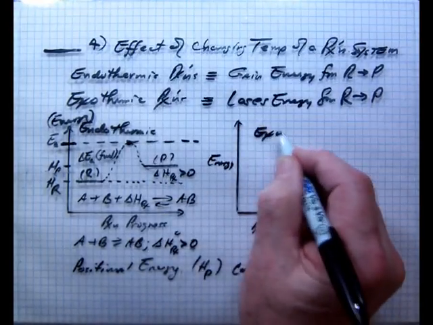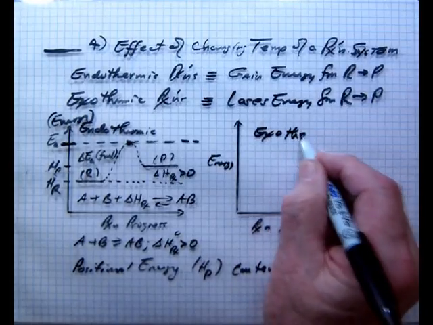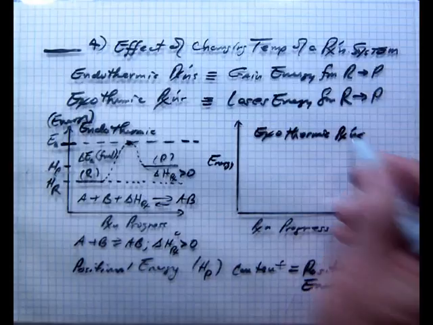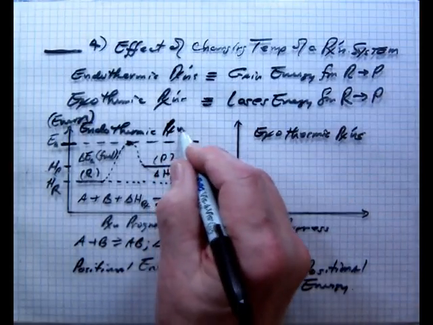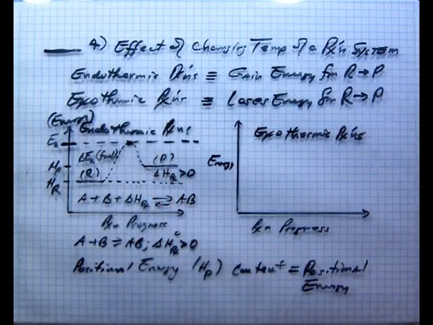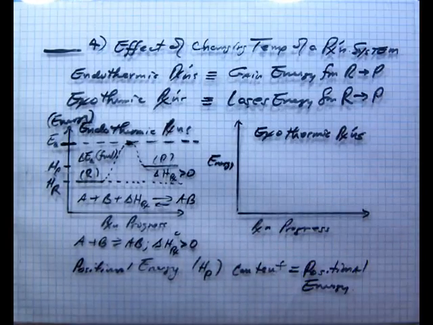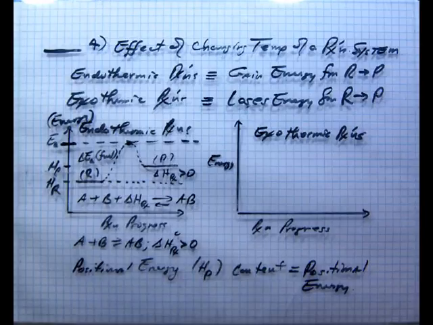Exothermic reactions are defined as those reactions which inherently lose energy transitioning from the reactant to the product side. That is, the products are at a lower positional energy than are the reactants.